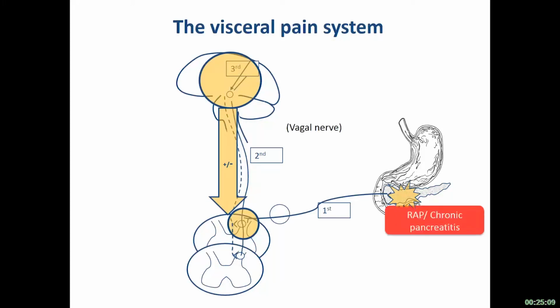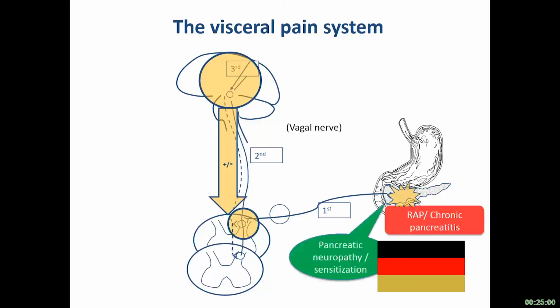However, in the context of chronic pain, for example, recurrent acute pancreatitis and chronic pancreatitis, we've already heard from Ekin that there's a lot of things going on in the periphery that can be summarized very crudely as pancreatic neuropathy and sensitization.